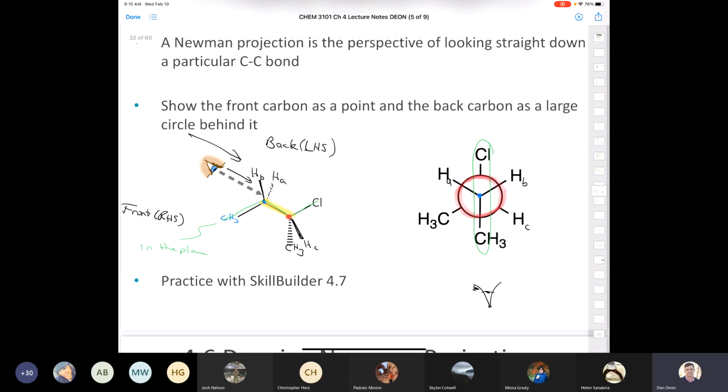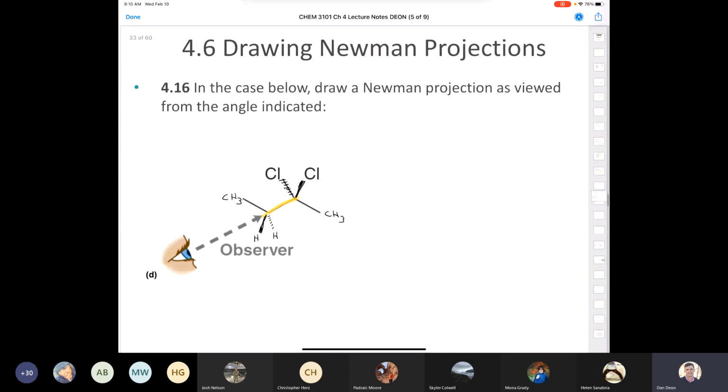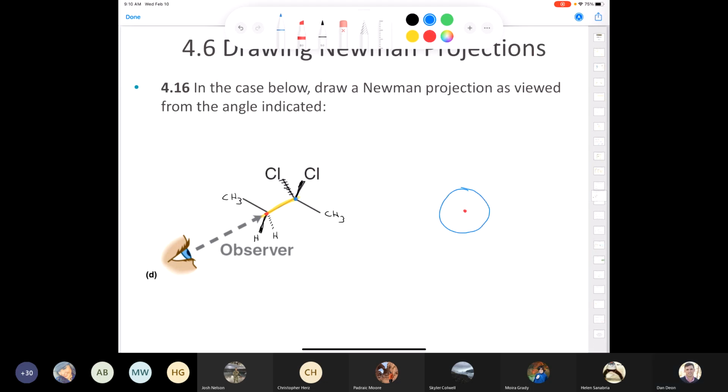So let's start by drawing what we can see. We'll start with the first carbon. Maybe I'll color code them again. So we'll make a little dot like that. Then we have the carbon in the back, this one here. Now, what is in the plane? Okay, in the plane, up and down, in our vertical plane.